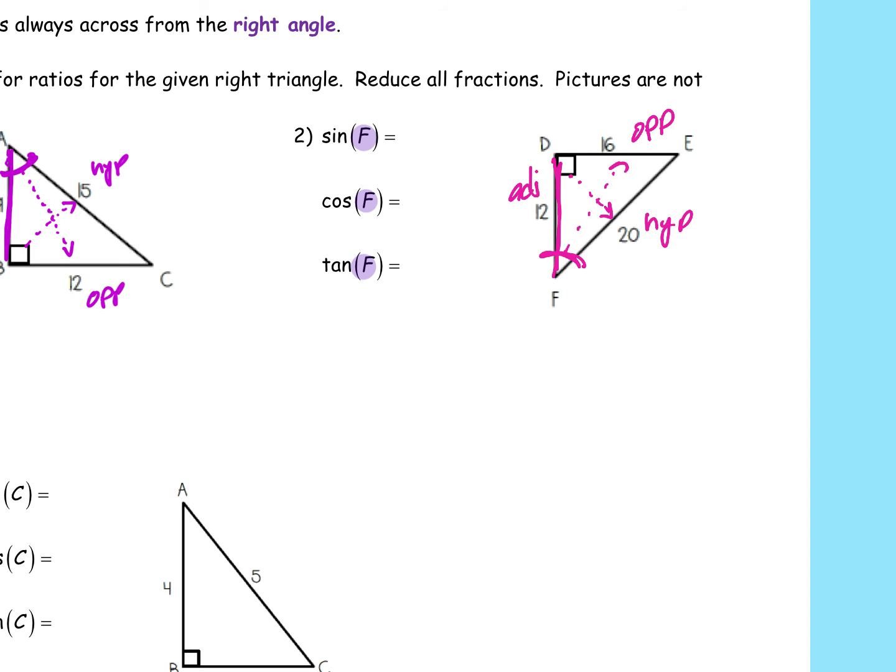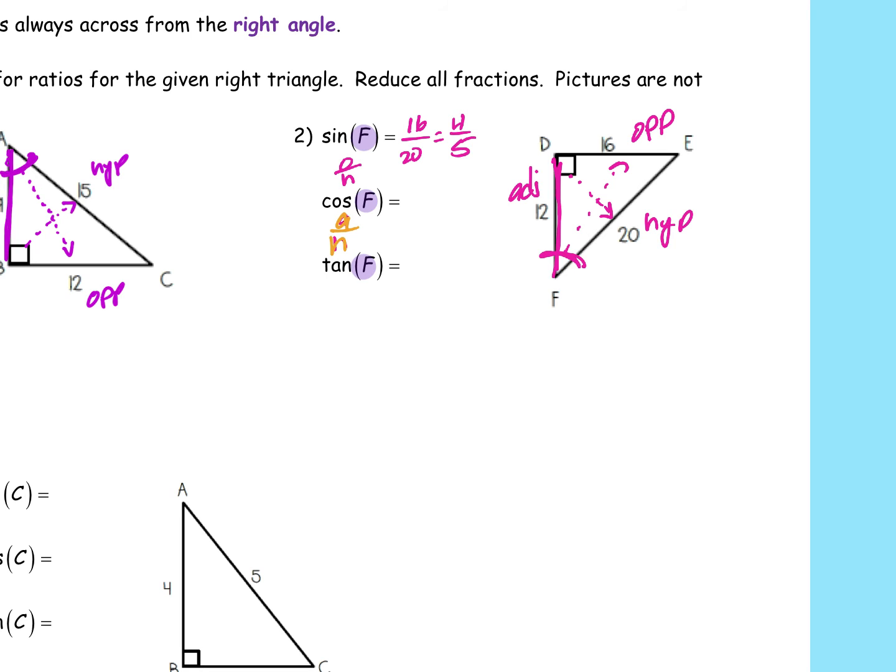So sine is opposite over hypotenuse. My opposite is 16. My hypotenuse is 20. And then I simplify it. 4 goes into each of them, so that would be 4/5. Beautiful. Cosine is adjacent over hypotenuse.